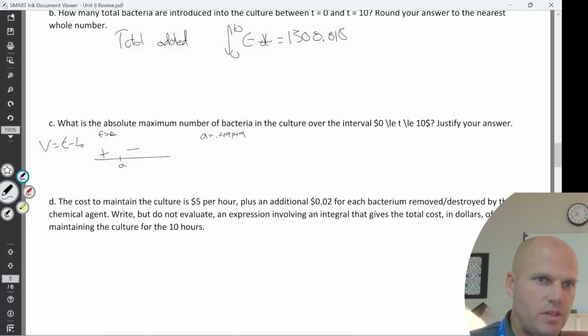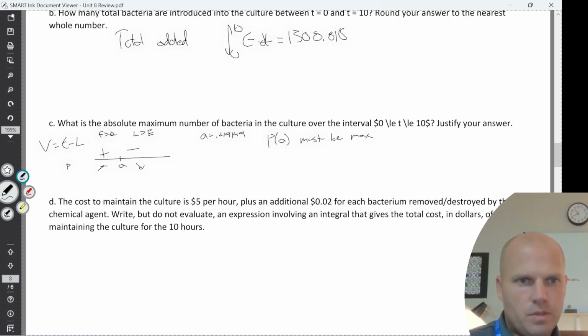You can look at E being bigger than L, then L being bigger than E from then on. That means my position's increasing then decreasing. I know that my P of A must be the max because V, which equals E minus L, is positive from 0 to A, and then V, which equals E minus L, is negative from A to 10.